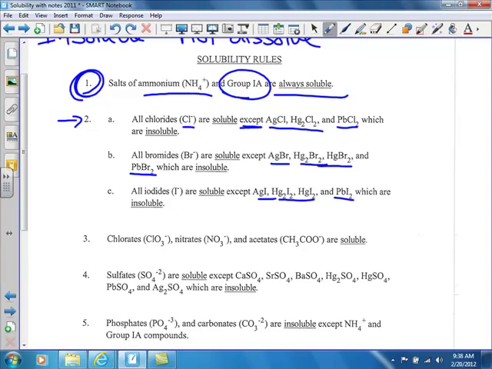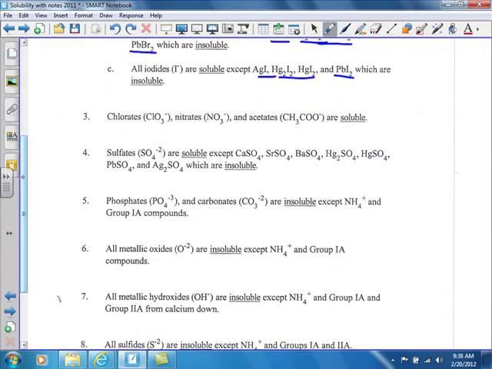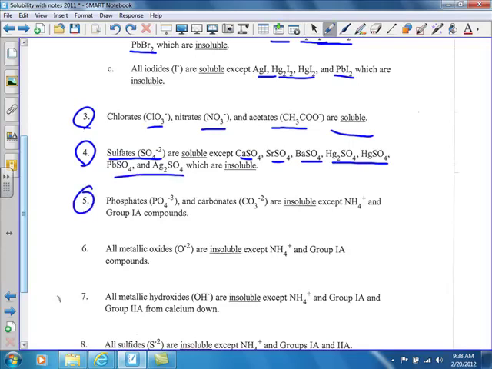Then these rules start getting really specific, and we start talking about polyatomic ions. In rule number 3, chlorates, nitrates, and acetates are always soluble. In rule number 4, sulfates are soluble except when it's calcium, strontium, or barium. Phosphates and carbonates are insoluble except when they're with ammonium and group 1 elements.